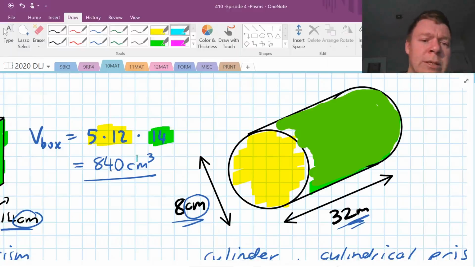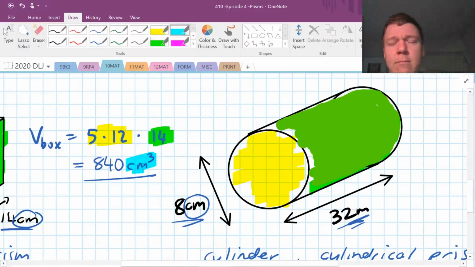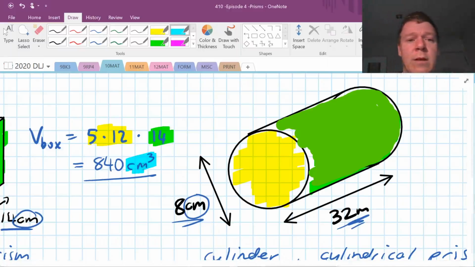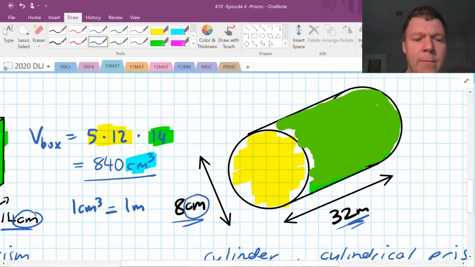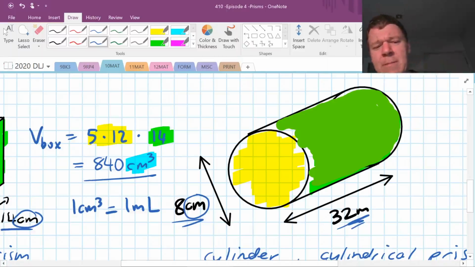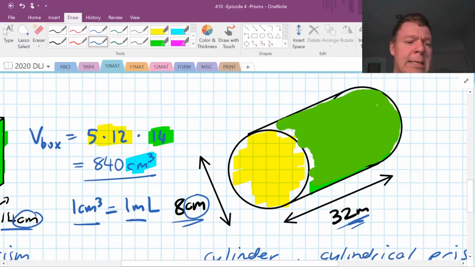Also important to note is that 1 centimeter cubed is equal to 1 milliliter. You can do conversions between meters cubed and liters, but this is a really astounding connection between milliliters and centimeters.